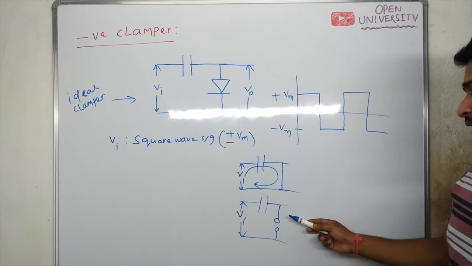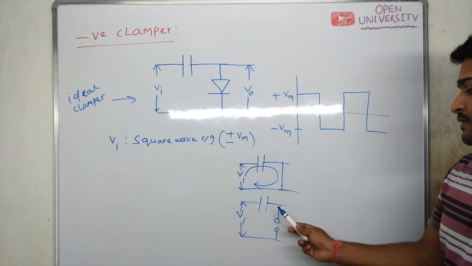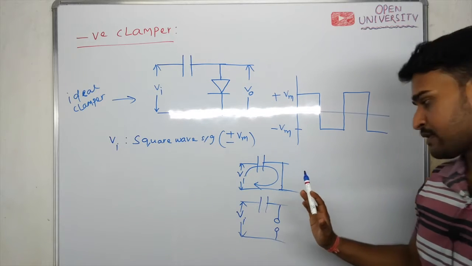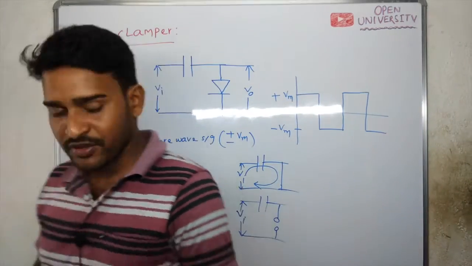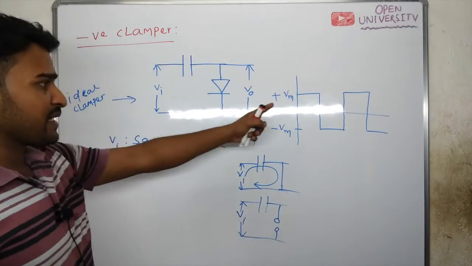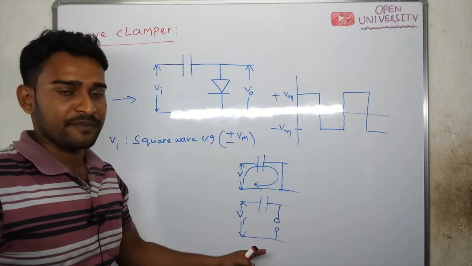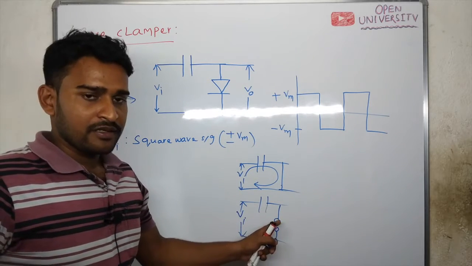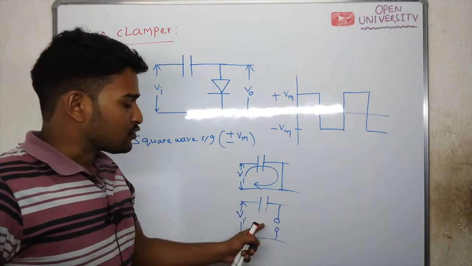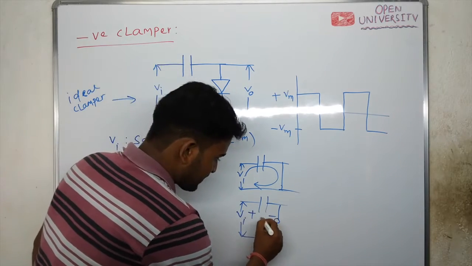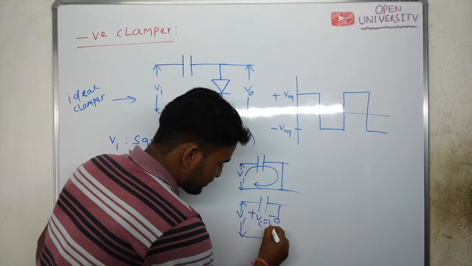The capacitor will hold whatever it is charged up to. During the positive half cycle it charges to the peak value of the input, Vm, and holds it. During the negative half cycle there is no discharge path, so the capacitor voltage remains at Vm. If this is Vc, then Vc is Vm.